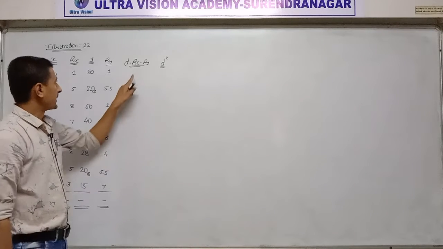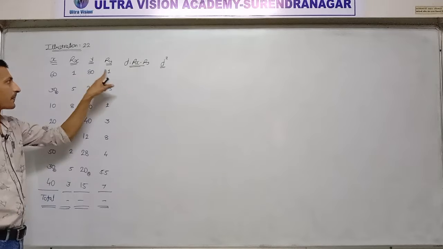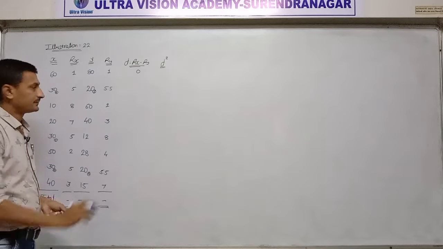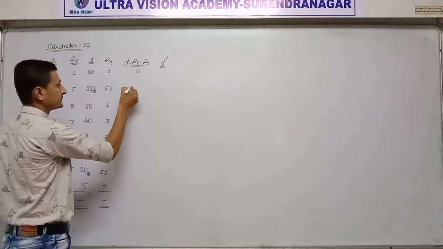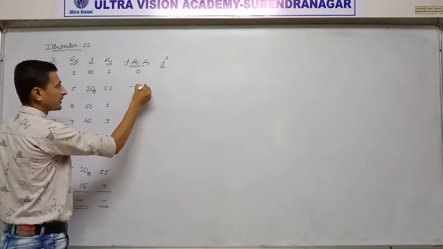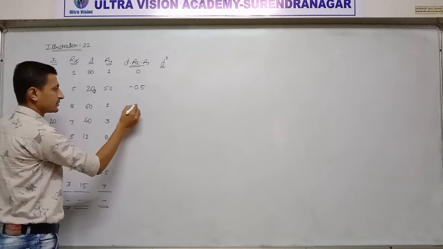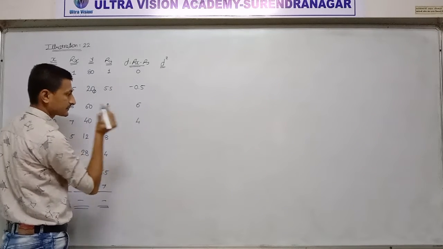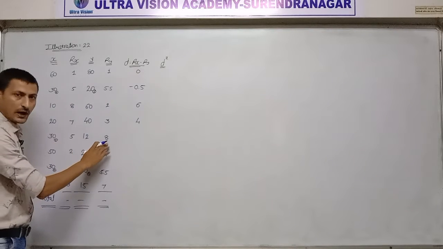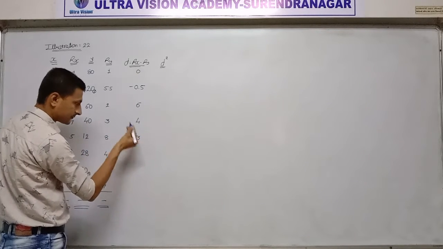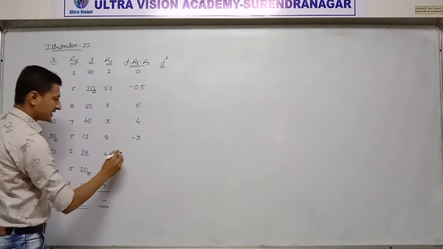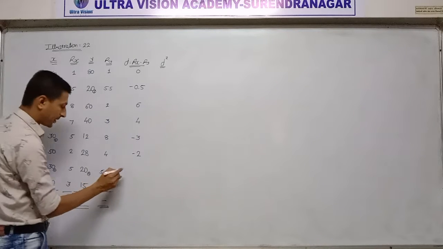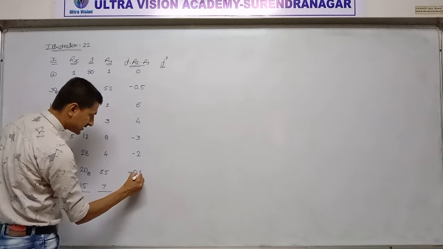Okay, clear? Now next, find the difference: rank of x minus rank of y. 1 minus 1, 0. 5 minus 5.5, minus 0.5. 8 minus 2, 6. 7 minus 3, 4. 5 minus 8, minus 3. 2 minus 4, minus 2. 5 minus 5.5, minus 0.5.